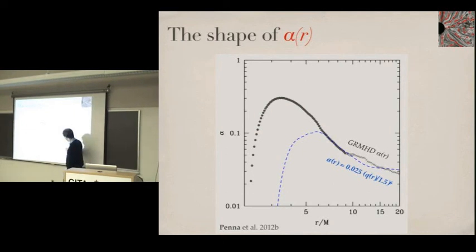Inside, this model for why alpha is large turns over, and so we need a different model to explain that hump. But we kind of expected that, because this is turbulent, and that's mean field stresses. It's two different kinds of physics. So that's piece 1.